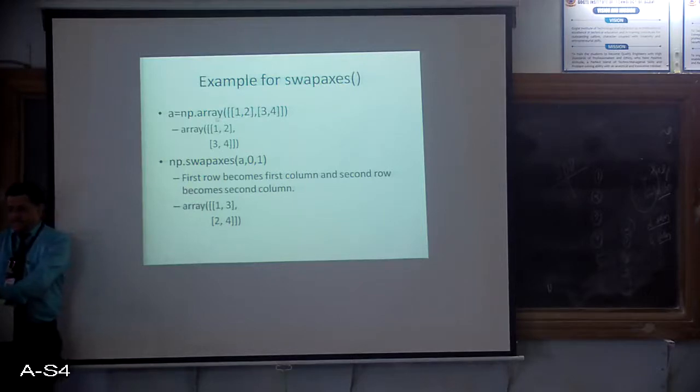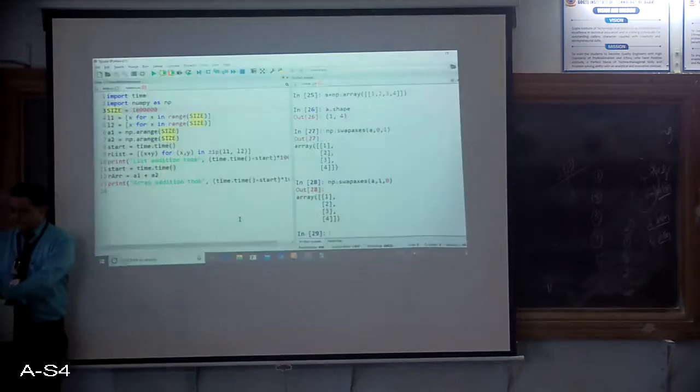Okay, swap axes 0, 1. Here the first row becomes the first column and the second row becomes the second column. That is, first row 1, 2 becomes the first column in the resulting array, and 3, 4, which is the second row, becomes the second column of the resulting array. We'll show it.